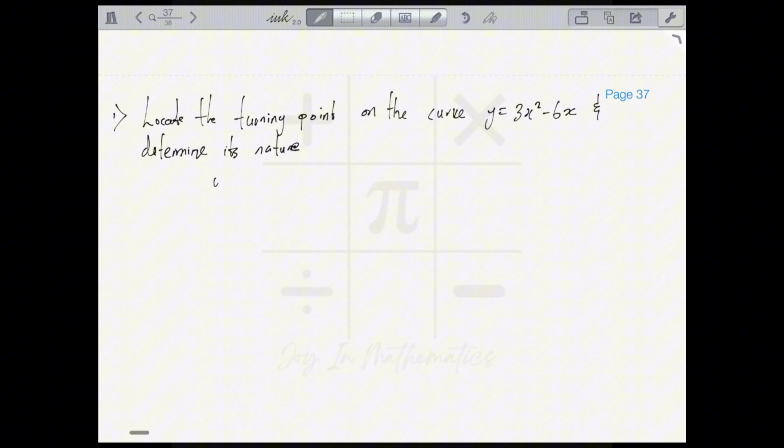We're given y equals 3x squared minus 6x, and step 1 says we should find dy/dx, and dy/dx in this instance is 6x minus 6.